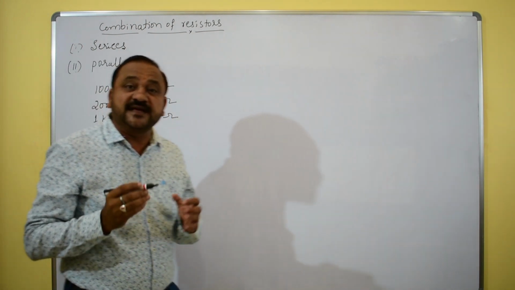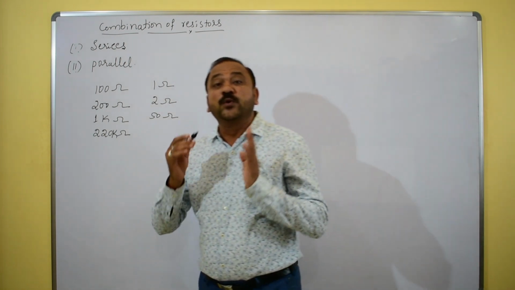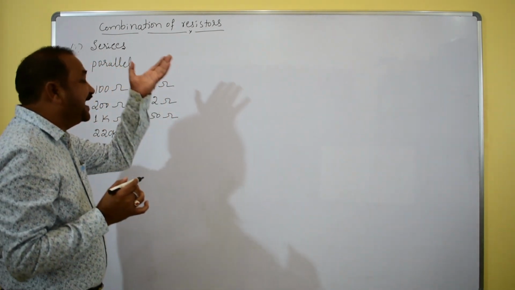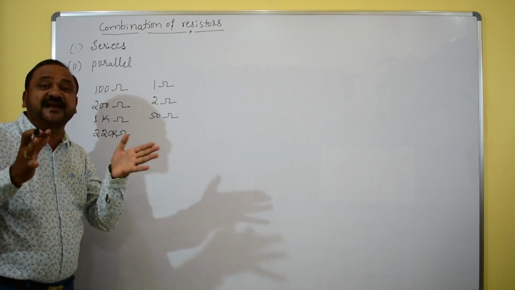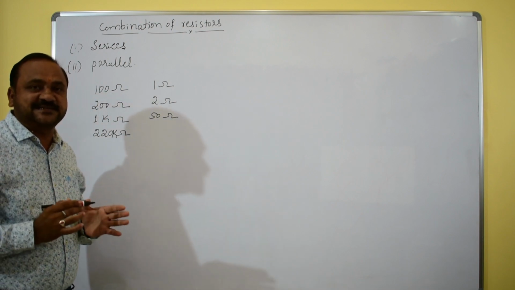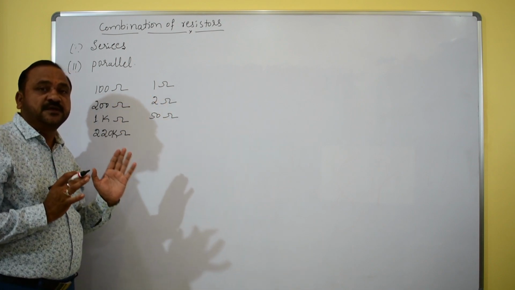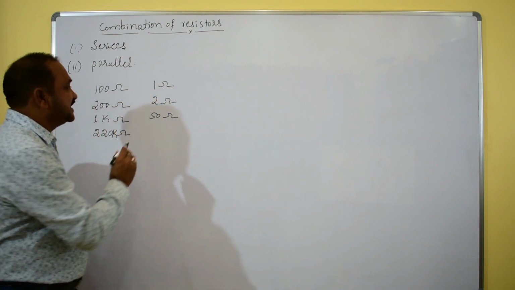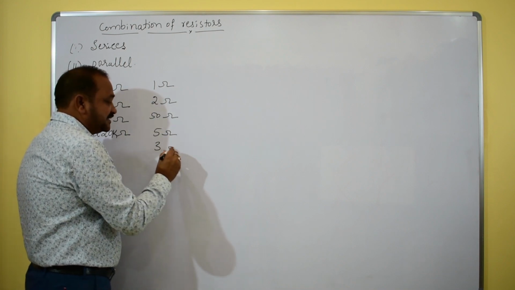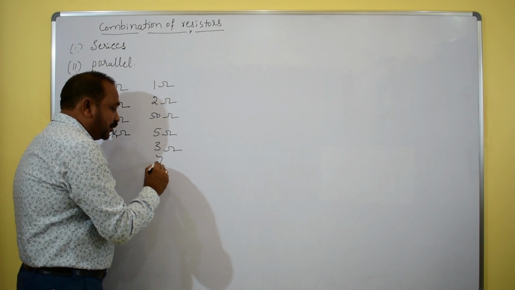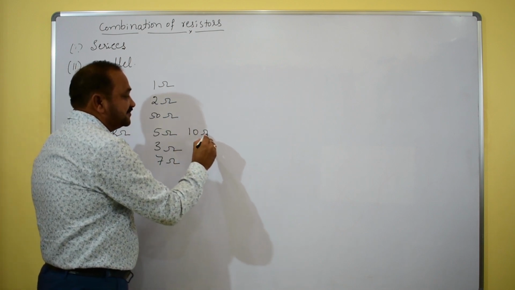I want to find the required value of resistance. What are we going to do? We must combine some resistances to get the required value. Let me take these particular considerations: a 5 ohm resistor, 3 ohm resistor, 7 ohm resistor, and 10 ohm resistor.